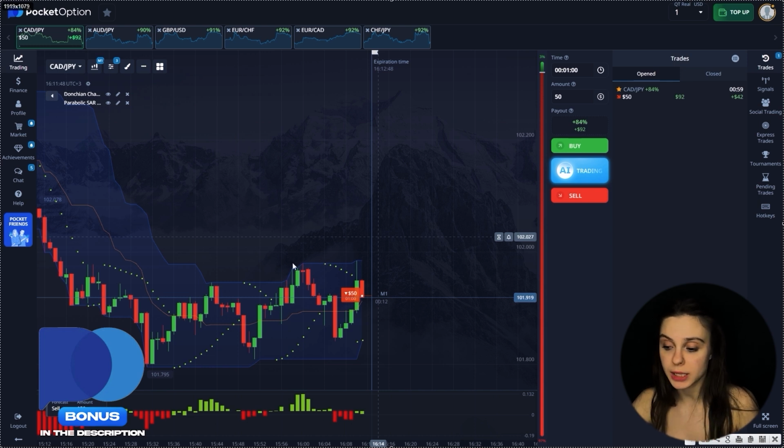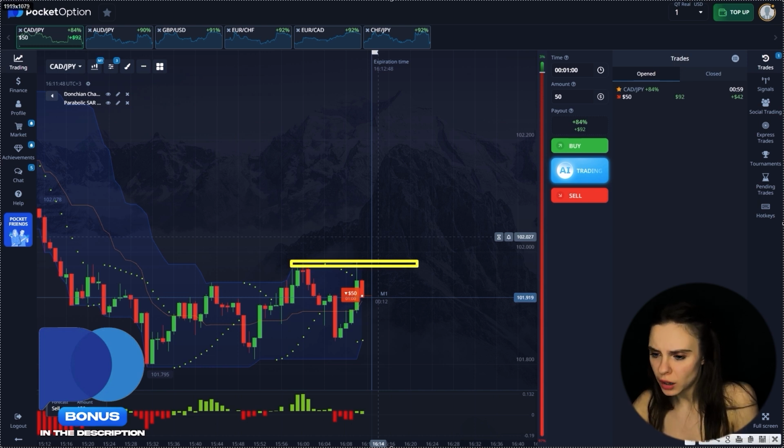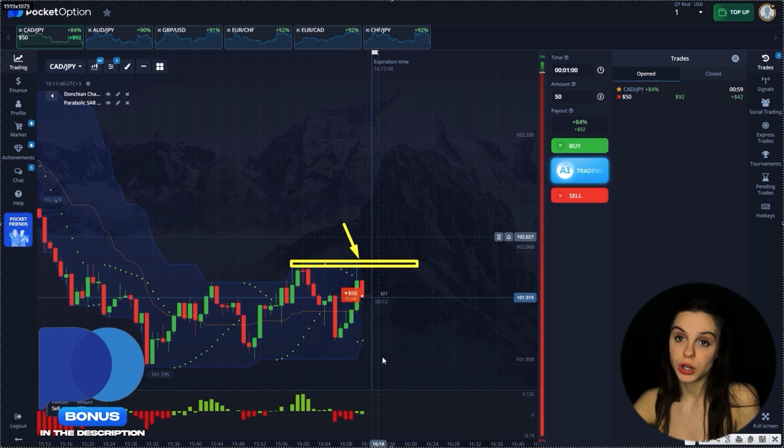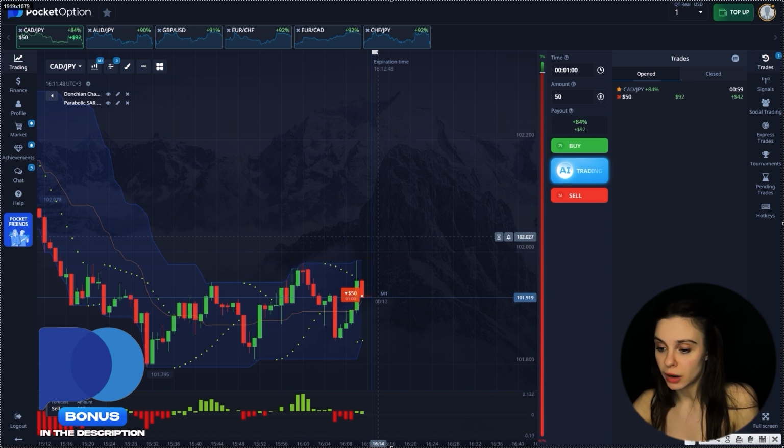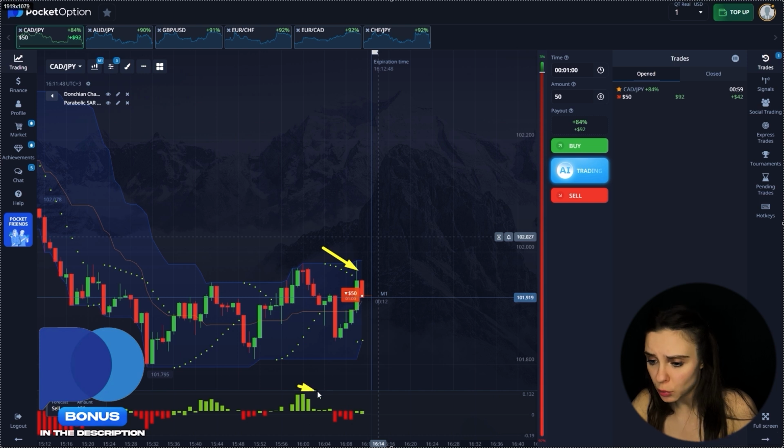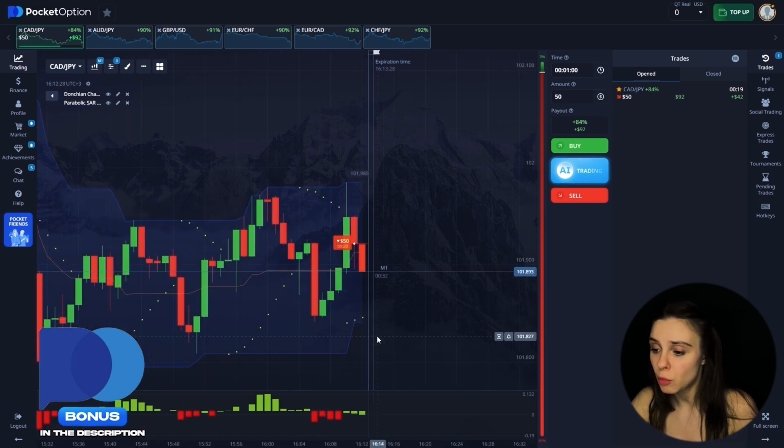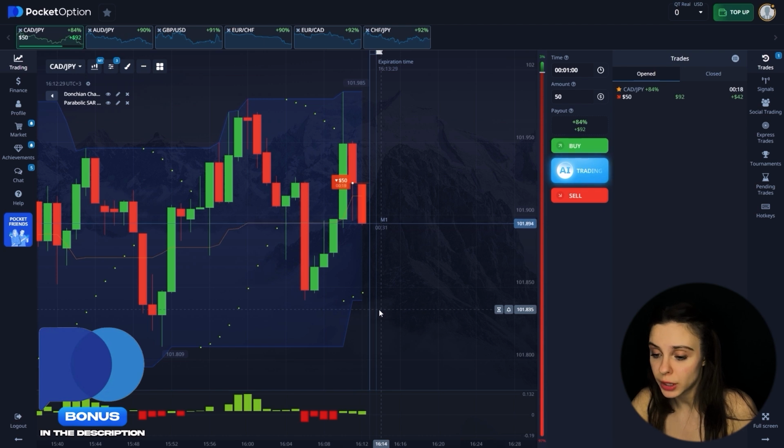This gave the main signal to us. We highlighted the resistance level by the Donchian channel. It's very convenient. This indicator helps, yeah. It's directed slightly upwards. But nevertheless, we see the general downward trend, as well as on Parabolic SAR by points and by the Momentum indicator at the bottom of the screen.